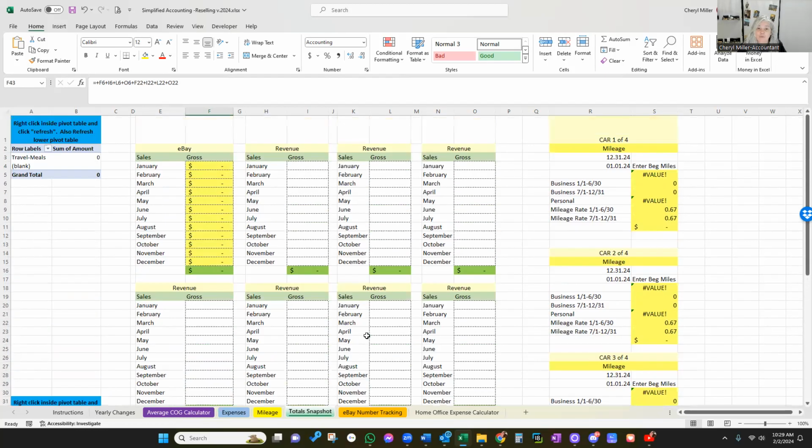So that is really all there is to it for income. Just remember to grab your gross number and then any expenses associated, any platform fees, any like PayPal fees, Stripe fees, anything like that is an expense that needs to be put into the expense section that we talked about in the previous video.